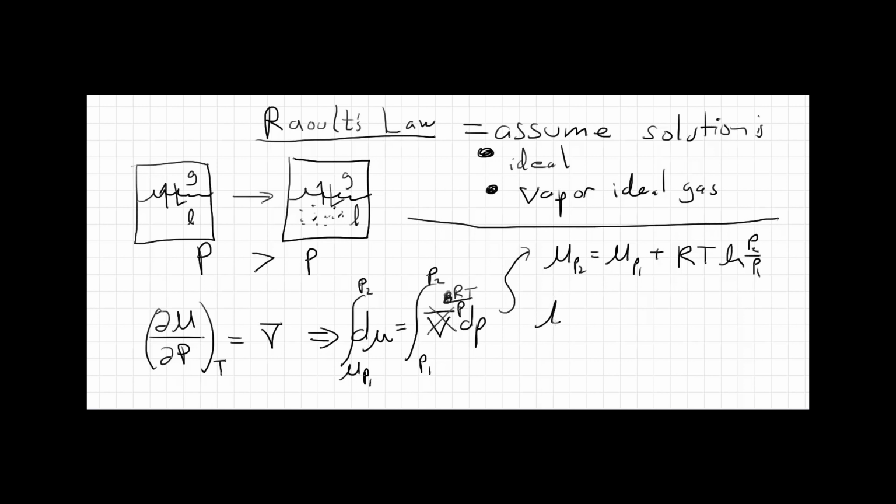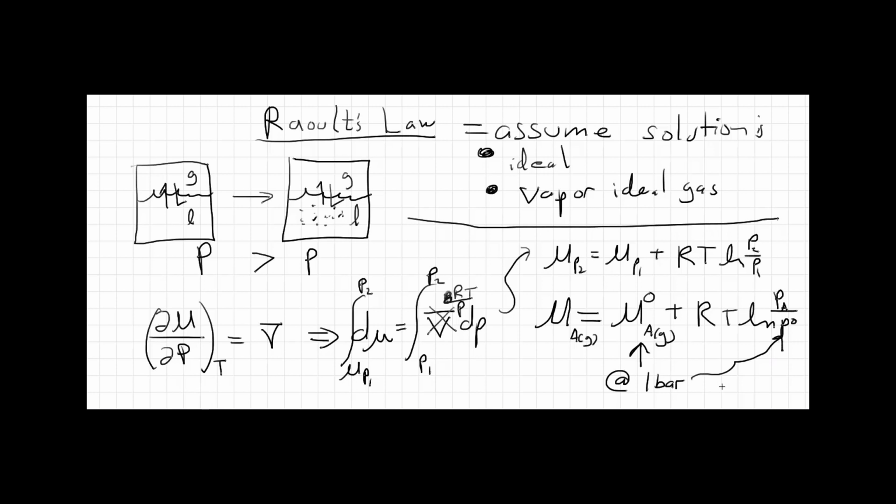So normally we would say the chemical potential of a gas, let's just write this as A gas here, is going to be equal to the chemical potential of the gas in its standard state. Remember, standard state for a gas is 1 bar. We'll just write that down here at 1 bar. Plus RT log of the partial pressure of A over the standard pressure. And remember, the standard pressure is 1 bar. Okay? All right, so we're going to use that in our derivation. It tells us how the chemical potential of a gas varies with the partial pressure of that gas.